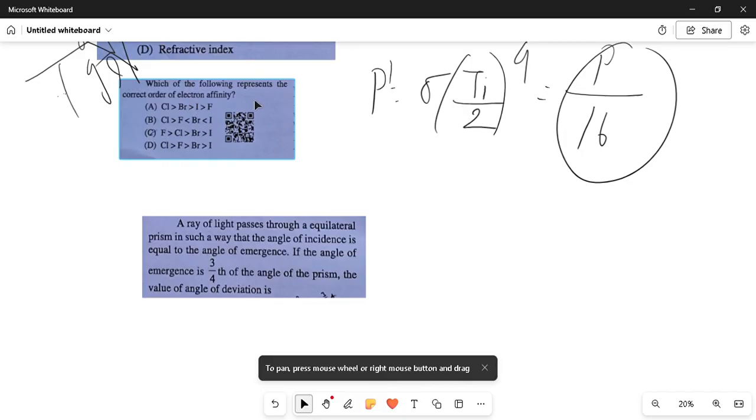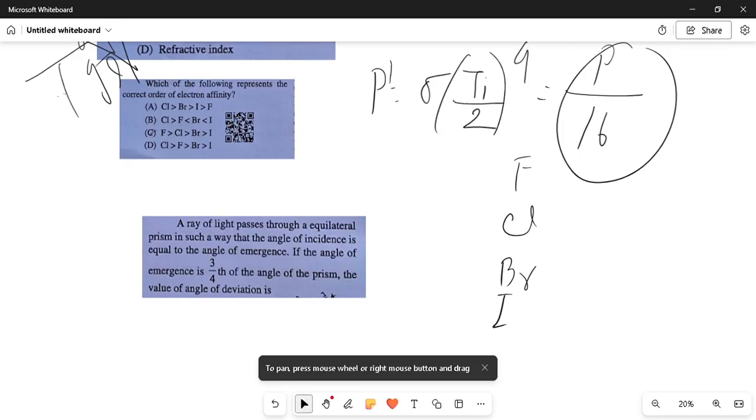Which of the following represents the correct order of electron affinity? Okay, this is the question: correct order of electron affinity. We know that these are all group 17 of the periodic table: fluorine, chlorine, bromine, iodine.